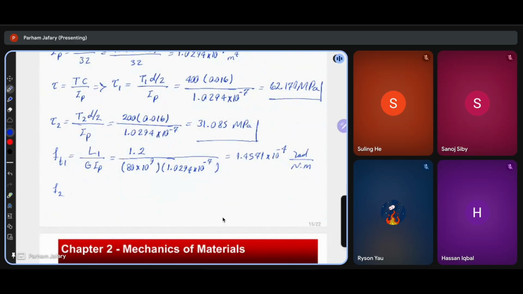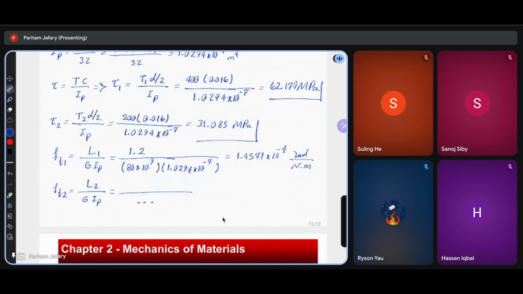And for the second shaft, it will be L2 over GI. It is the same thing in the denominator.